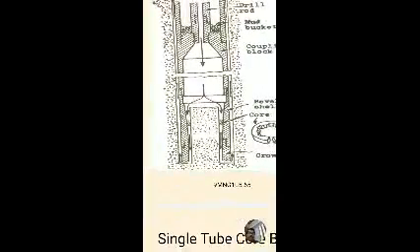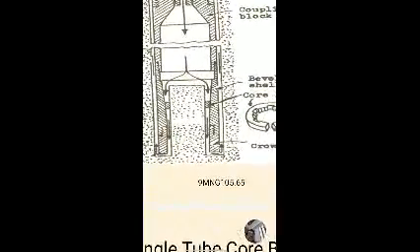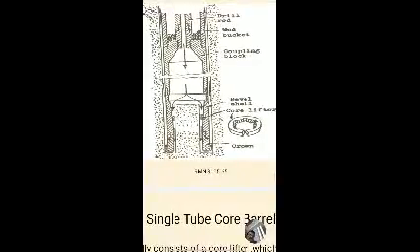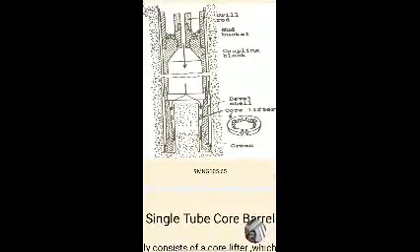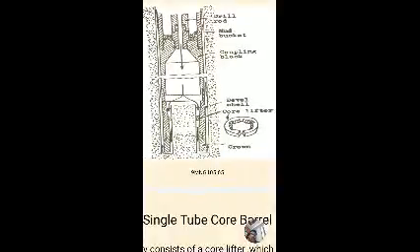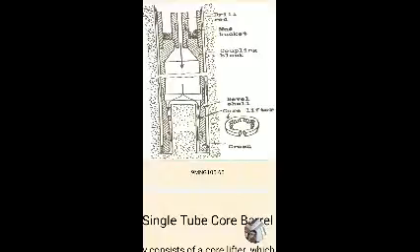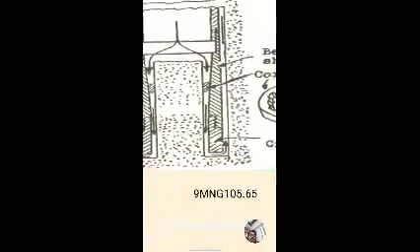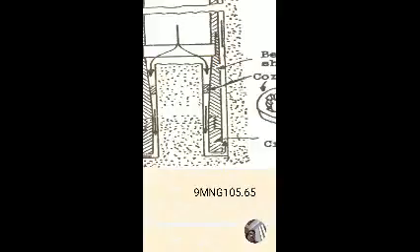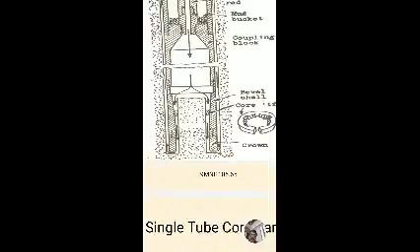This type of shape is called bevel shell, bevel shape. Are you catching my point? The diameter of this area is going on increasing from bottom to top. If anything is in this shape, we call it bevel shape.